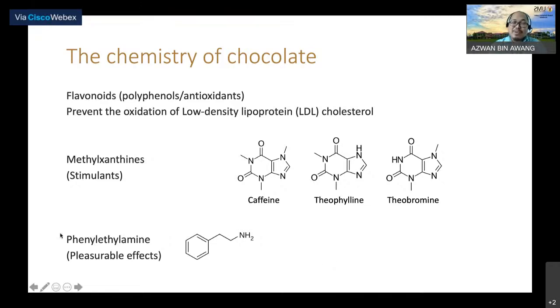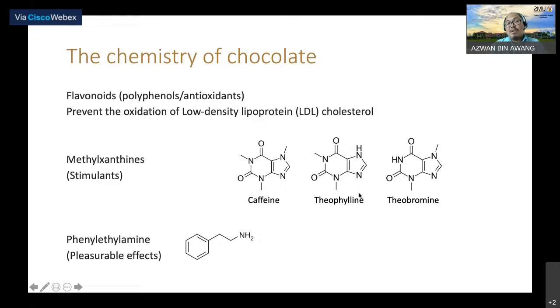That comes from what we call phenylethylamine, which gives you the pleasure effects, and some stimulants also inside chocolate, such as caffeine. But the amount of caffeine is small, while there's a lot of theobromine, and some theophylline as well.